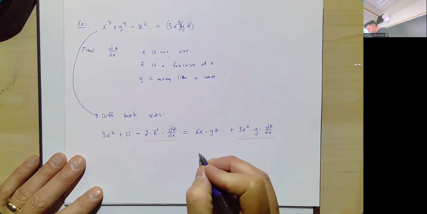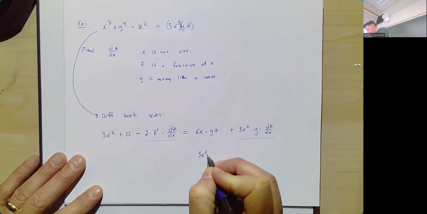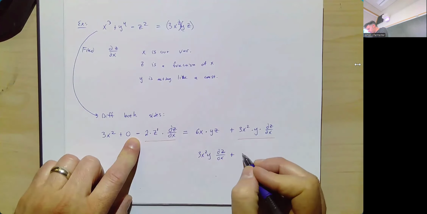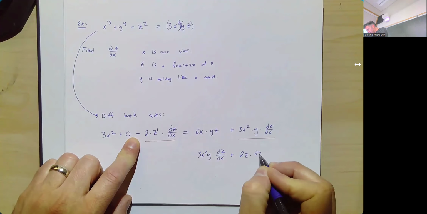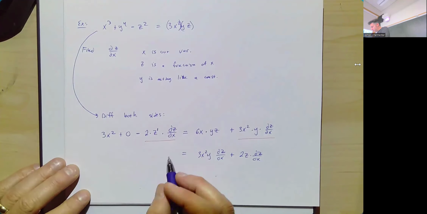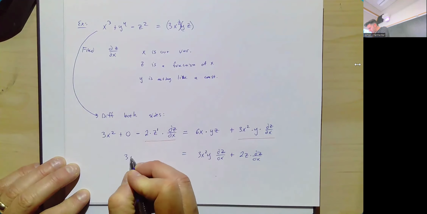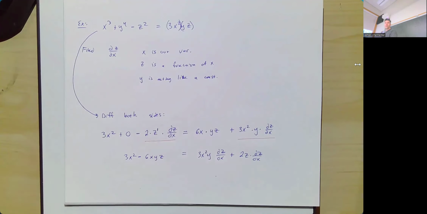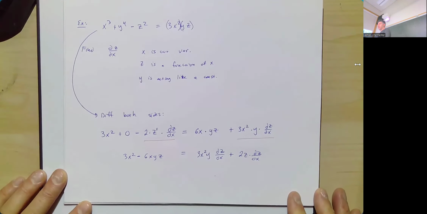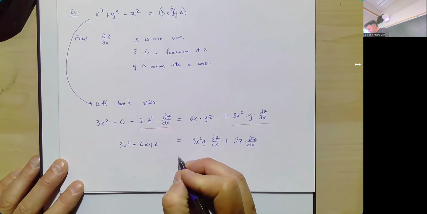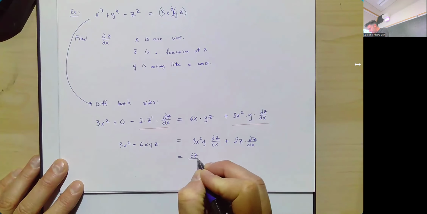So I'm going to get a 3x squared y del z del x plus a 2z times del z del x equal to, bring this to the left, a 3x squared minus 6xyz. I think you probably solve for del z del x in one step, but I'm going to do it in two. I'm going to first factor out a del z del x from the right hand side.